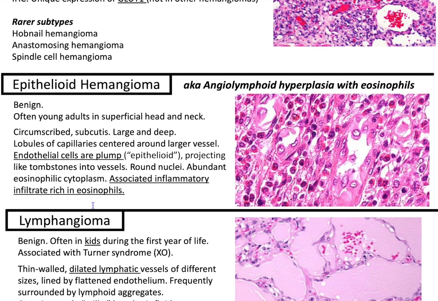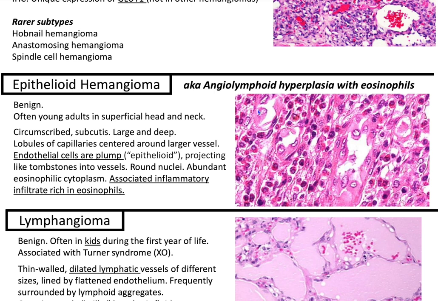Epithelioid hemangioma, this was in the past known as ALHE, or angiolymphoid hyperplasia with eosinophilia. These are benign. They're often in young adults in the superficial head and neck, and it's circumscribed in the subcutis. You'll have lobules of capillaries centered around larger vessels.